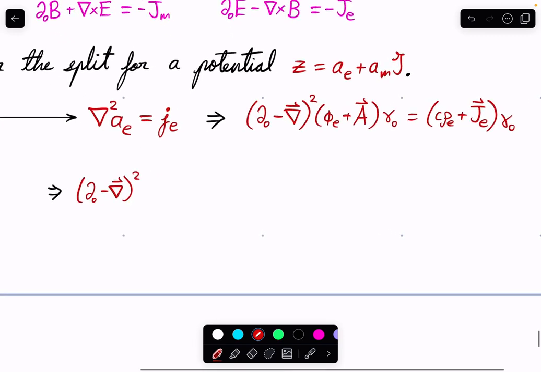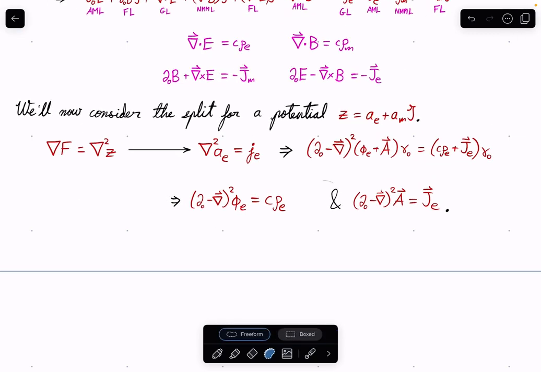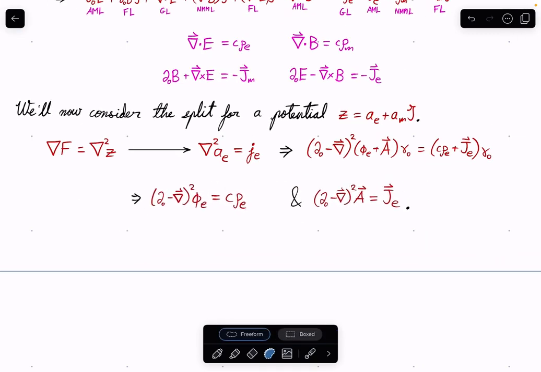So the Laplacian of phi e is equal to c rho e. And you get that the Laplacian of A is J E. So you get two coupled wave equations that describe how charges and stuff move relative to a potential.